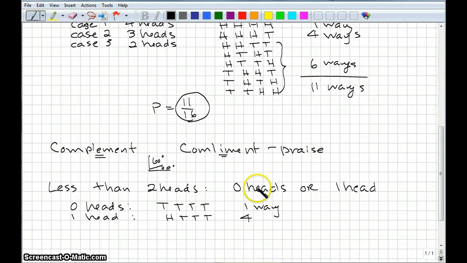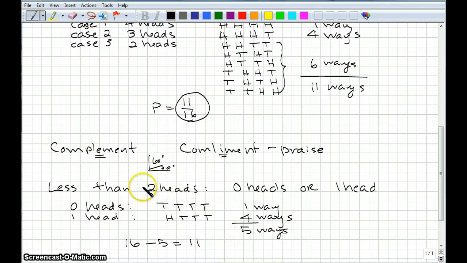So there's 4 ways to get 1 head. And if we add those up, we get 5 ways. Okay, and that's the complement. So we knew that there was 16 total possible ways. If we subtract 5, we get 11. So there's 11 ways to get at least 2 heads, okay?